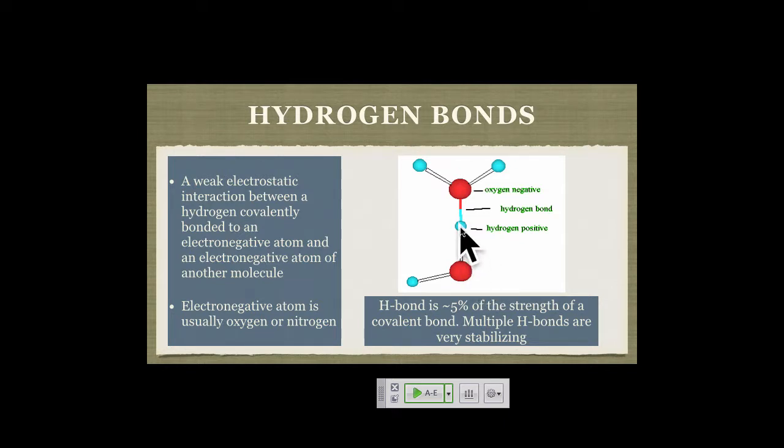You have electrons being shared between this hydrogen and this electronegative atom. The electrons are going to spend most of their time around the electronegative one, and you get this dipole moment where you have a very small positive charge here and a small negative charge here. That allows it to interact with the negative charge on the next molecule.